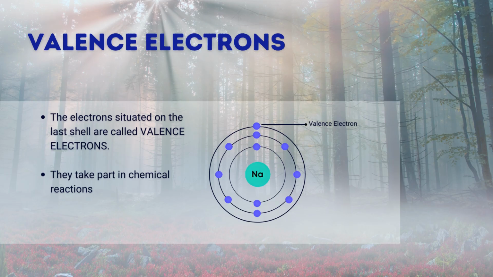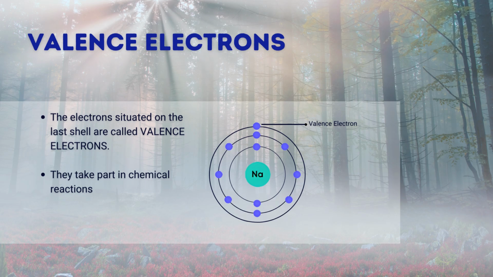Just as a reminder, valence electrons are the electrons located in the outermost shell of an atom. These electrons are involved in chemical reactions and are responsible for the chemical properties of an element. The number of valence electrons in an element determines its reactivity and bonding behavior.